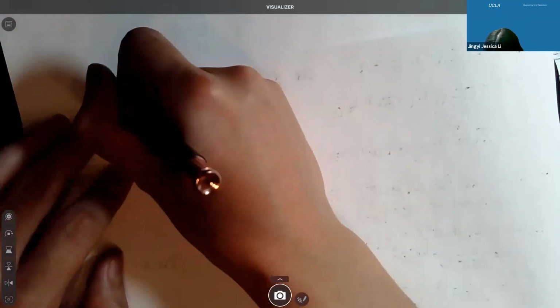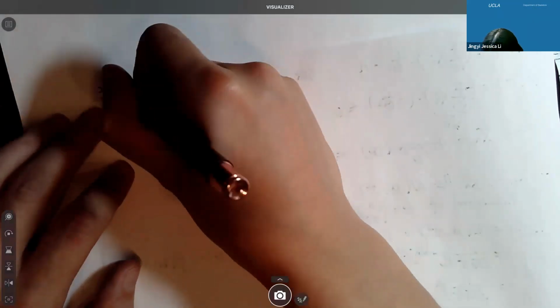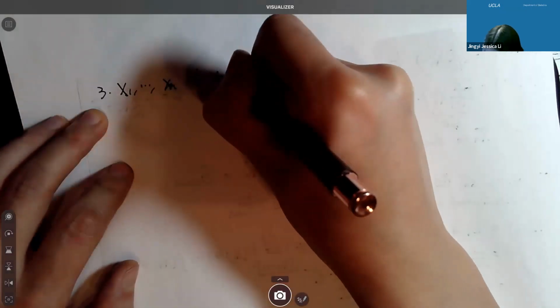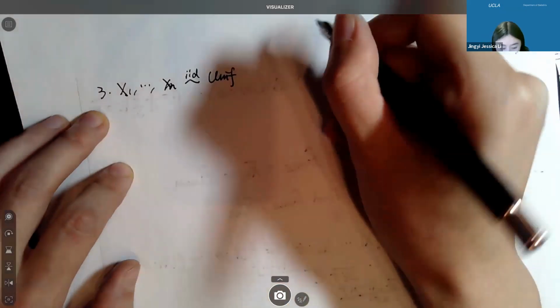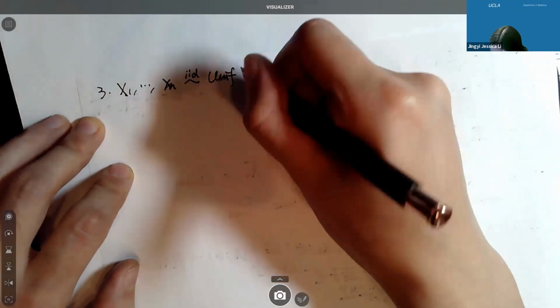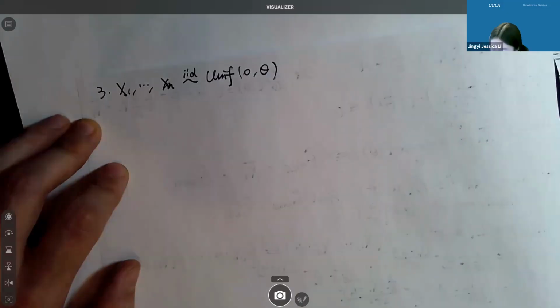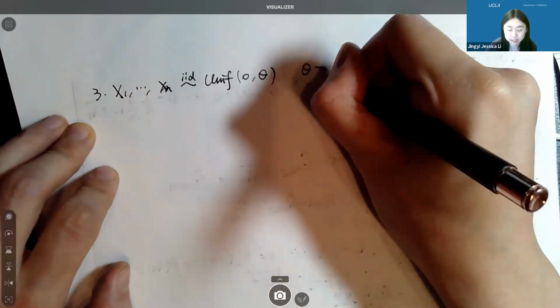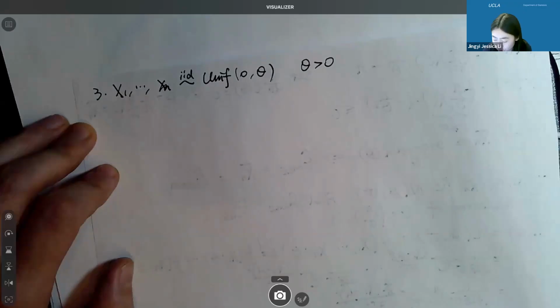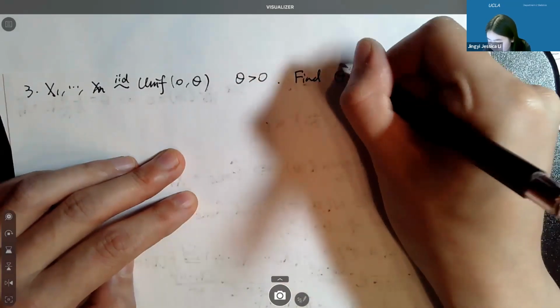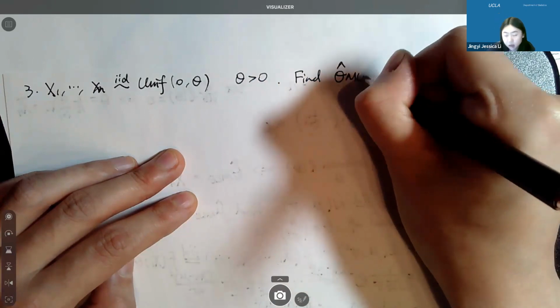So in the third example, we have x1 to xn as IID from a uniform distribution defined in this interval from 0 to theta. So theta is the upper bound of the interval, so it must be greater than 0. And the question is still to find the MLE estimator of theta.